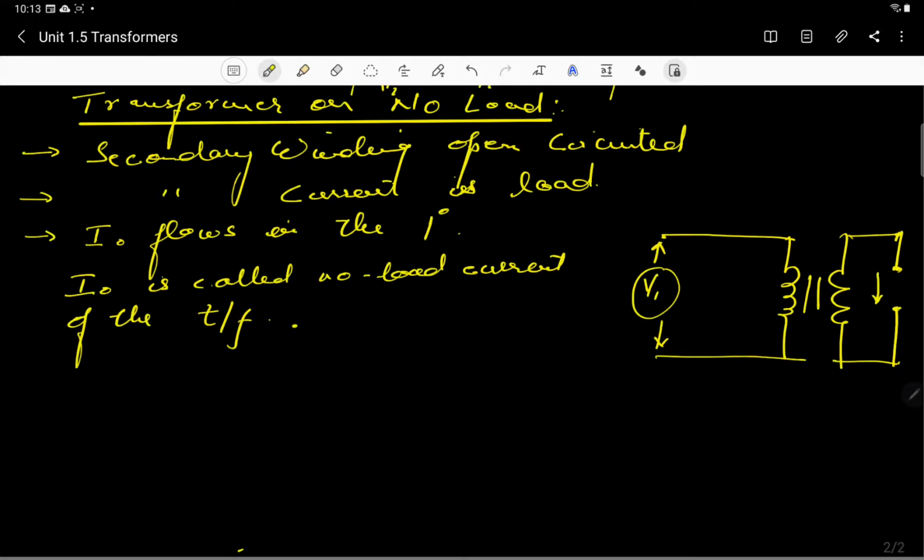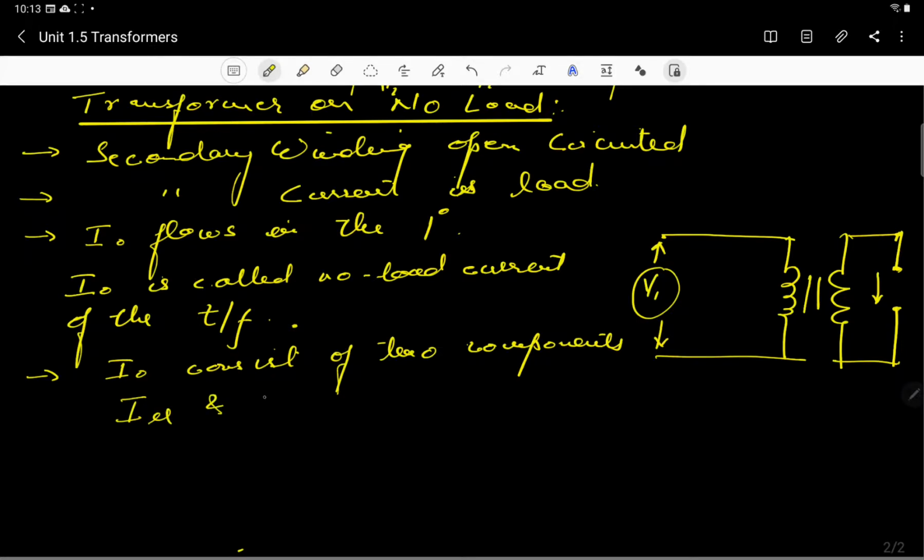Now this I naught consists of two components, which are I mu and IW.